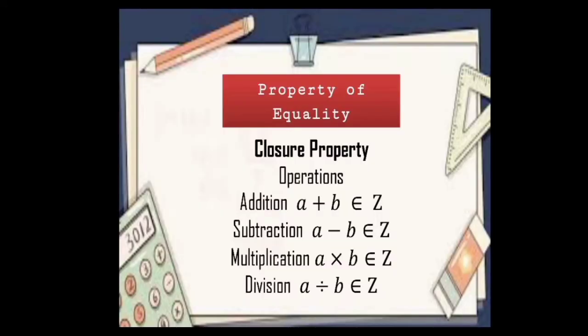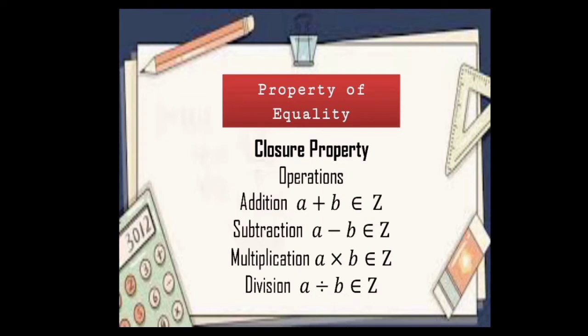Okay, the first one is the closure property. All of our properties have the four operations, which are addition, subtraction, multiplication, and division. In our closure property, it has four operations.